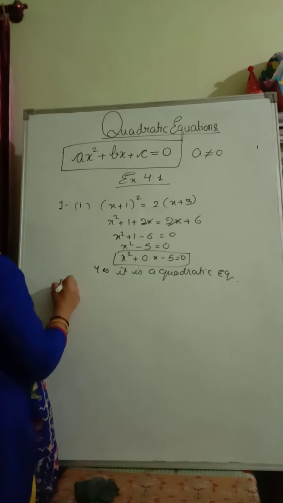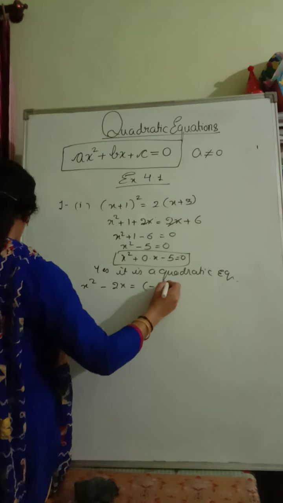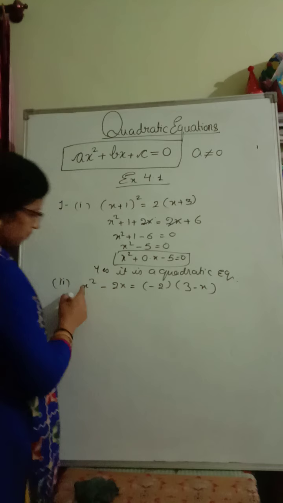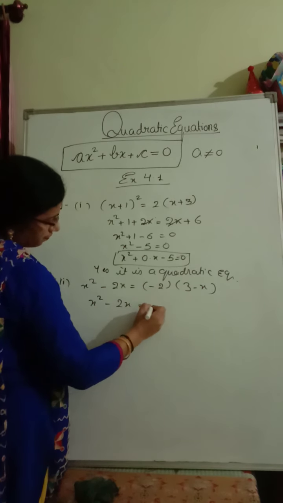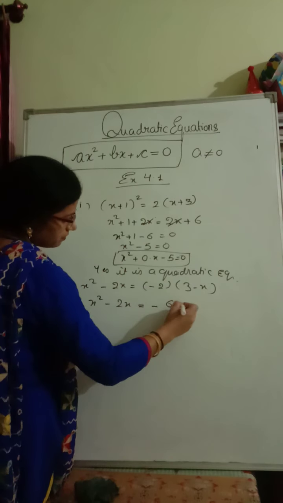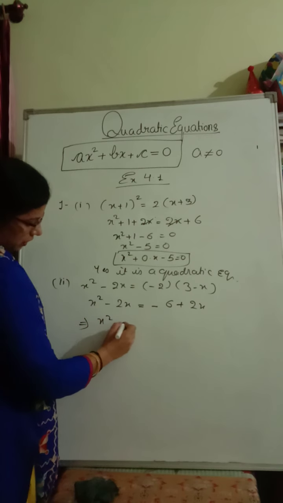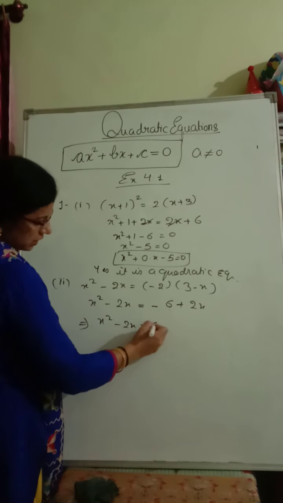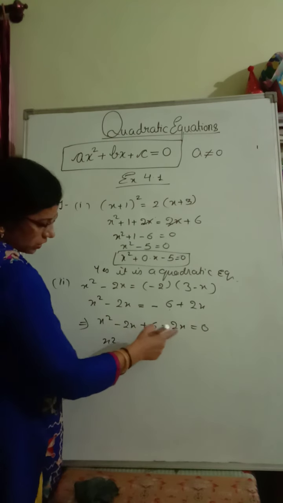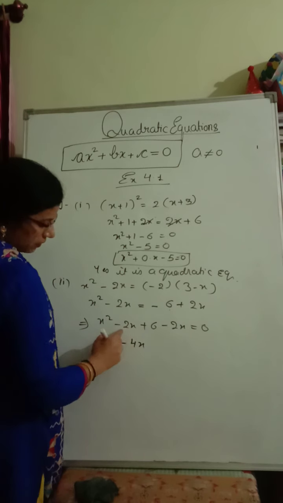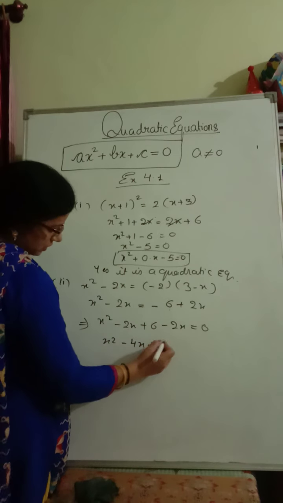So now we are doing the second part. x square minus 2x equals to minus 2 into 3 minus x. So x square minus 2x equals to minus 2 threes are 6, minus minus plus 2x. Bring all this side. x square minus 2x plus 6, bring this side minus 2x equals to 0. So x square, minus 2x and minus 2x is minus 4x, plus 6 is equals to 0.